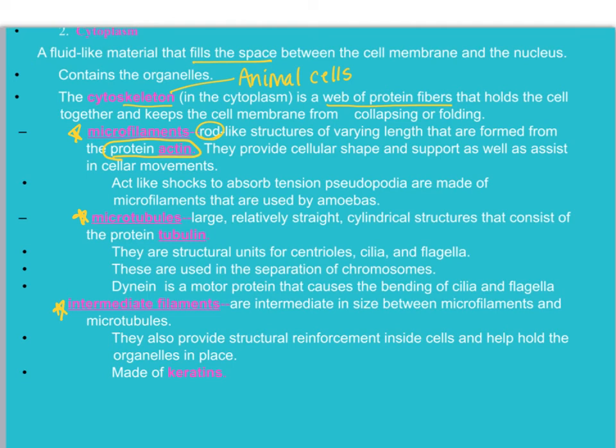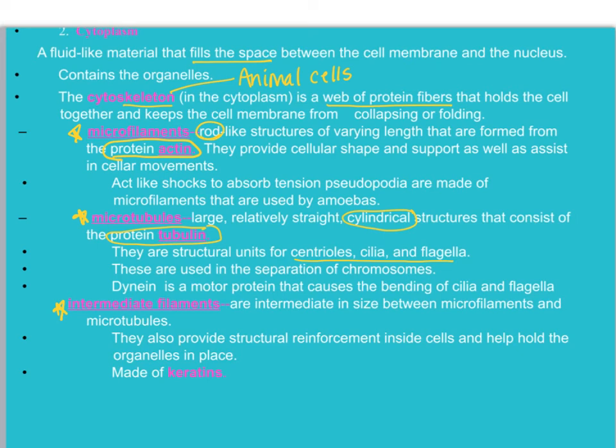Microtubules are going to be more like cylinders, and so they're very straight. They are larger, and they are made of the protein tubulin. So anyway, microtubules also can make up centrioles, which we'll talk about, cilia and flagella. So if you recall talking about cilia and flagella earlier.